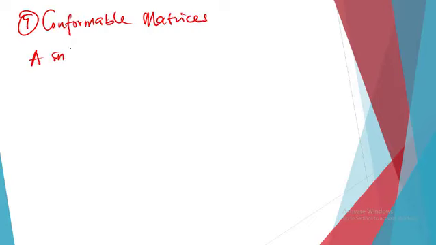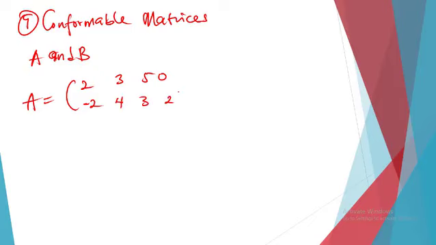Then let's go to the last type. We call it conformable matrices. Two matrices A and B are said to be conformable when the number of columns of A is equal to the number of rows of B, or vice versa. That is to say, if A is equal to, let's say, 2, 3, 5, 0, and then we have here minus 2, 4, 3, and 2, then remember the order of this matrix is 2 by 4, right?